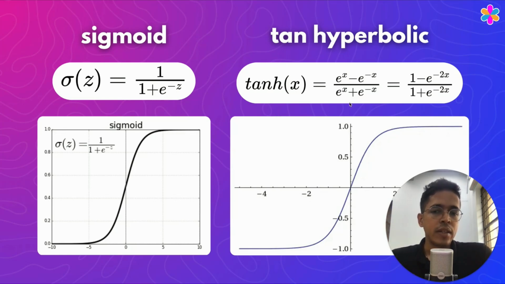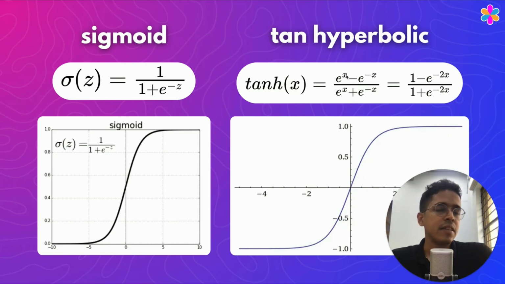Tan hyperbolic, on the other hand, has a very similar looking shape, but the values go from minus 1 to 1. So the equation is e raised to x minus e raised to minus x divided by e raised to x plus e raised to minus x. When x is positive infinity, the two terms with negative exponents will vanish. So it will become e raised to x divided by e raised to x, which will be close to 1.